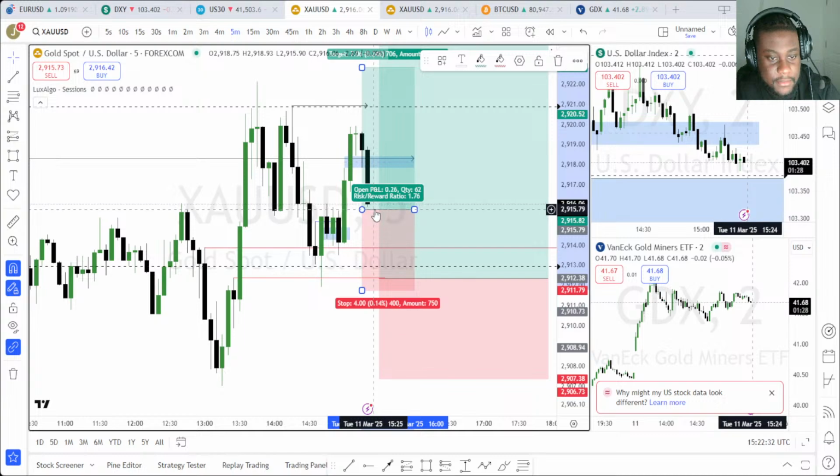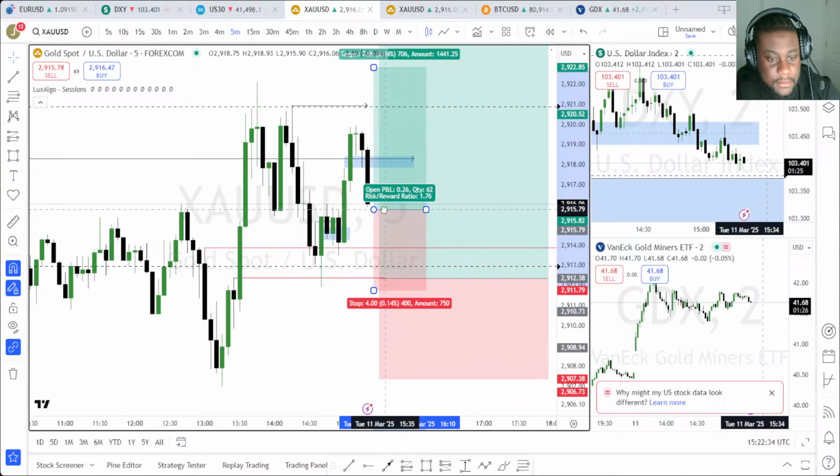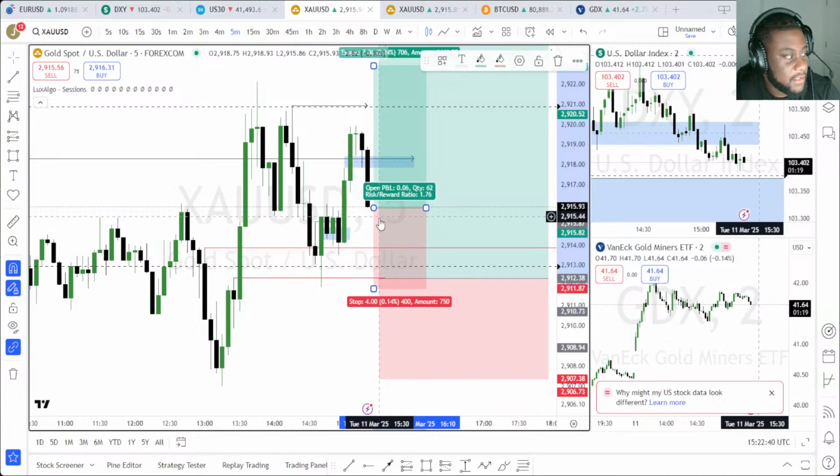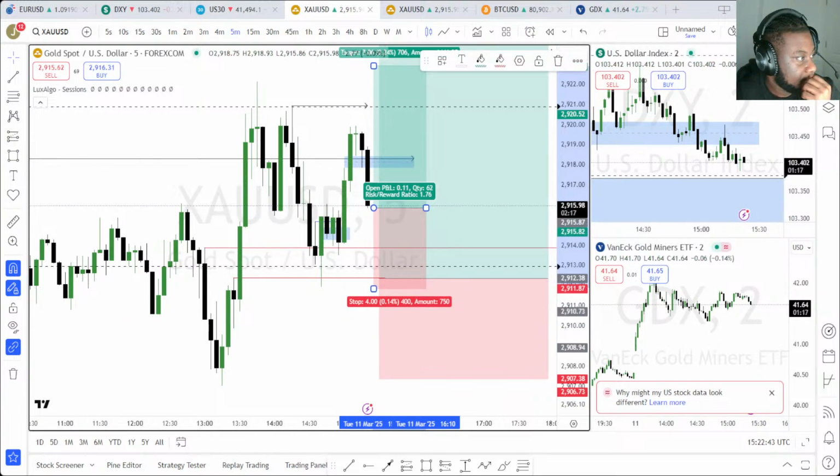I don't think this is done, man. 40 pips just about covers the low. Let me just take something out of that. So we're risk free on that one, that position.